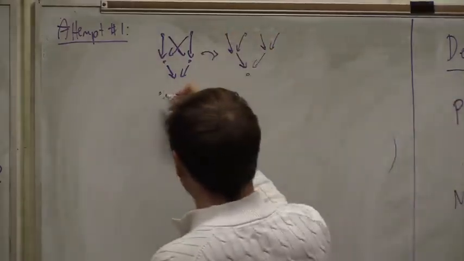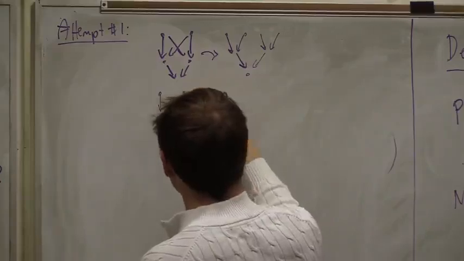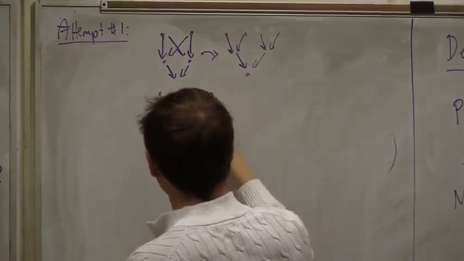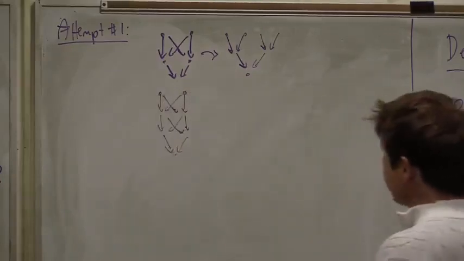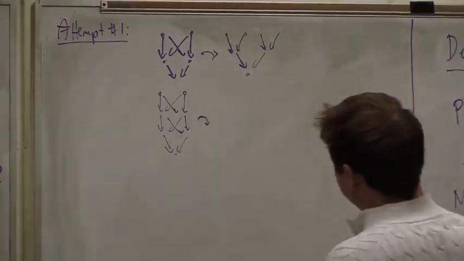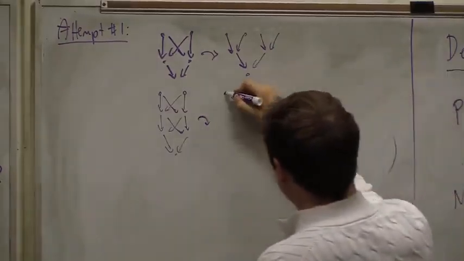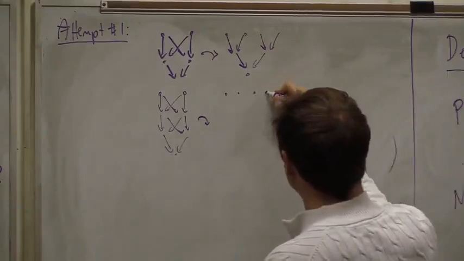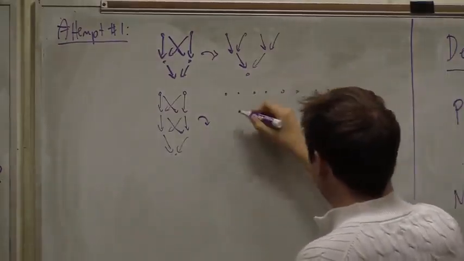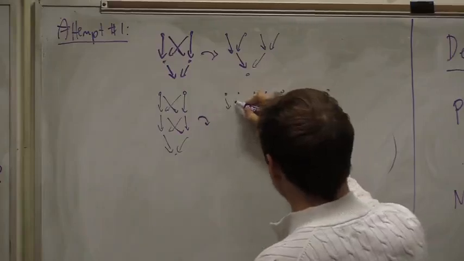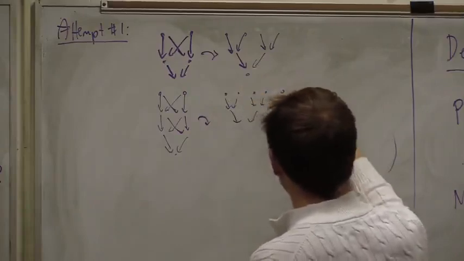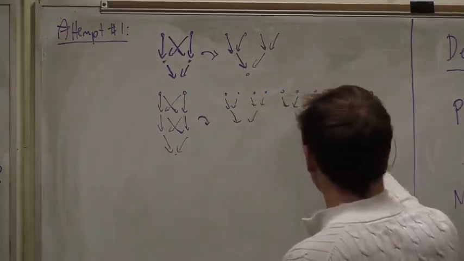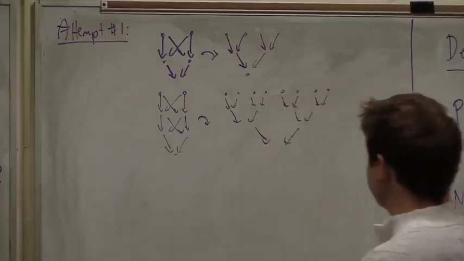But this is not quite sustainable, right? Suppose that my DAG looked like this. Now, when I open this up, I'm going to have a pretty large formula, right? So it's going to look something like this.